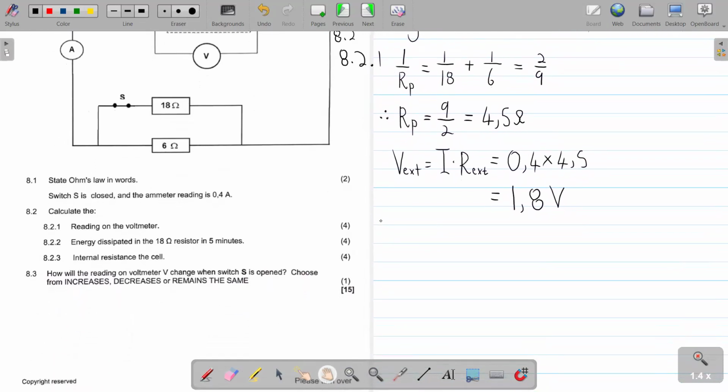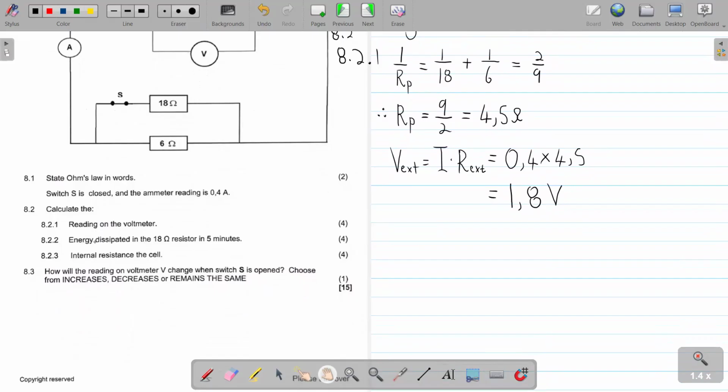Now 8.2, they say energy dissipated in the 18 ohm resistor in 5 minutes. Now the energy, the equation of energy is what? I gave it to you the other time.